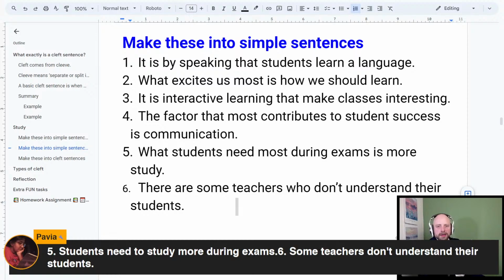Yes, or students most need more study during exams. There's some ambiguity there as well. And number 6, some teachers don't understand their students. Yes, that's it. Great. Well done. There are multiple ways of solving some of these.